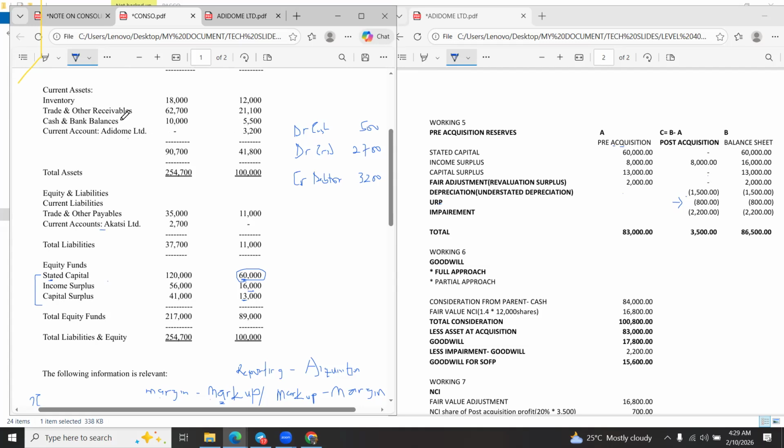Then in your bank, when you open 10,000 plus 5,500, you come and add the 500 again. Because if I debit my asset, it means that I am adding to the asset. If I debit my creditor, which is the 2,700, it means that I am closing that account. If I credit my debtor of 3,200, which is this Adidome, it means that I am closing the Adidome account. Is that fine?